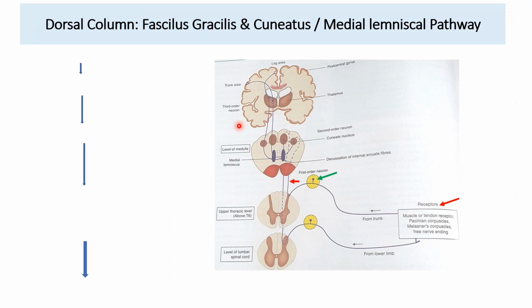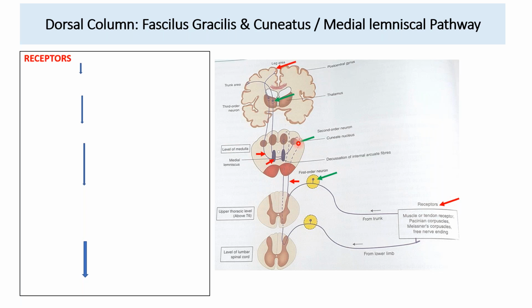From the receptor to the first order neuron to the fasciculus, then relaying into the second order, internal arcuate fibers, medial lemniscus, reaching the third order neuron, reaching the somatosensory area.